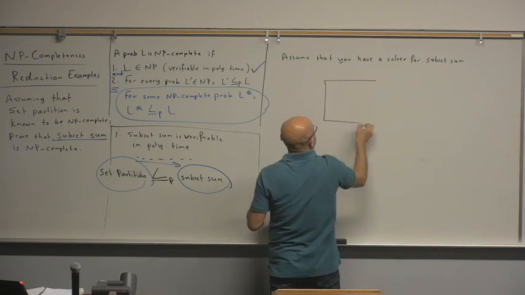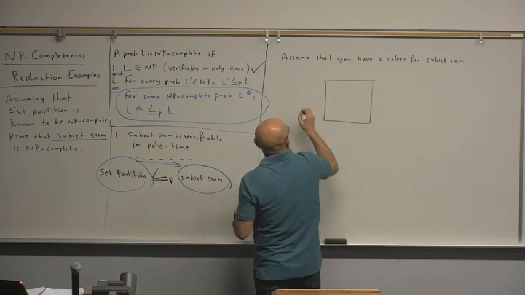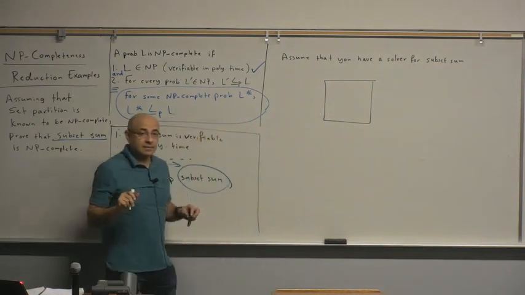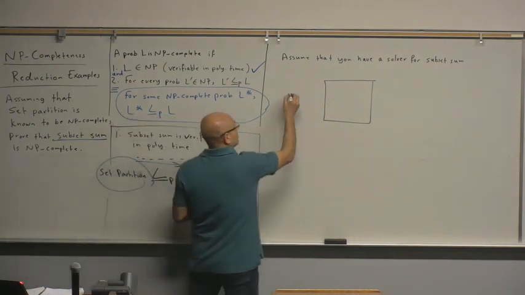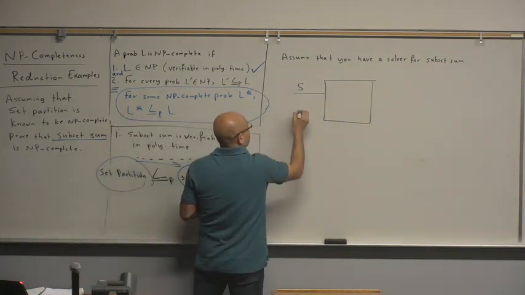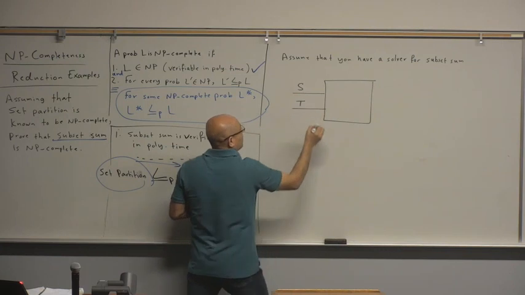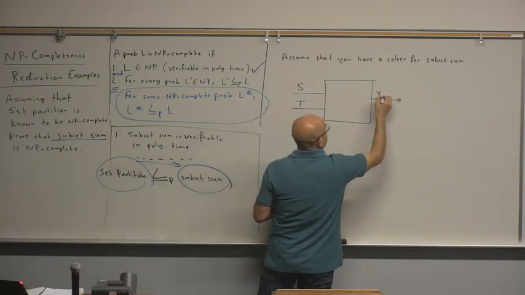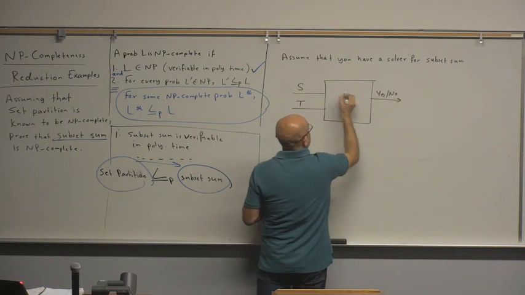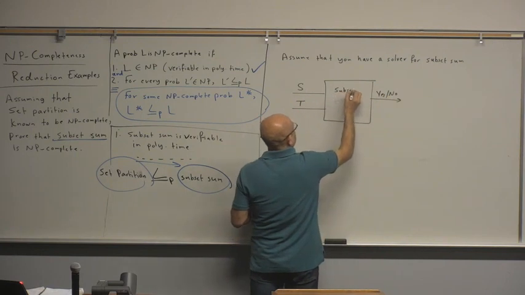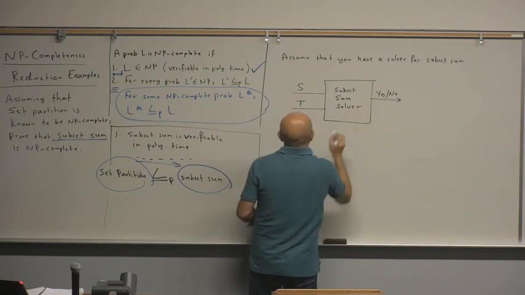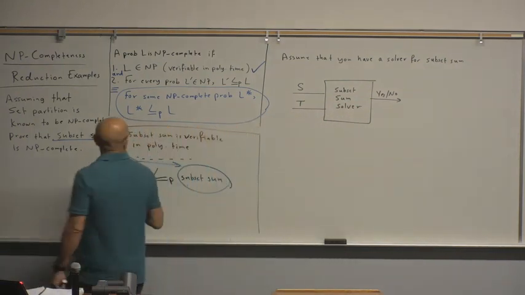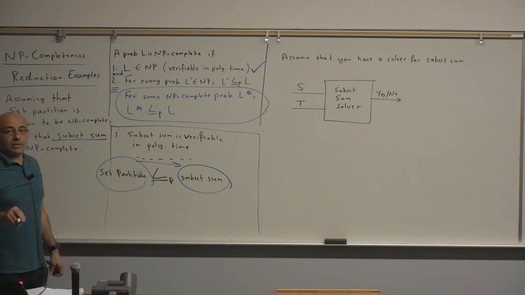Now this solver for subset sum, what does it take? It takes a set and a target, and it gives you yes or no. So this is the subset sum solver. Now how can I employ it to solve set partition?